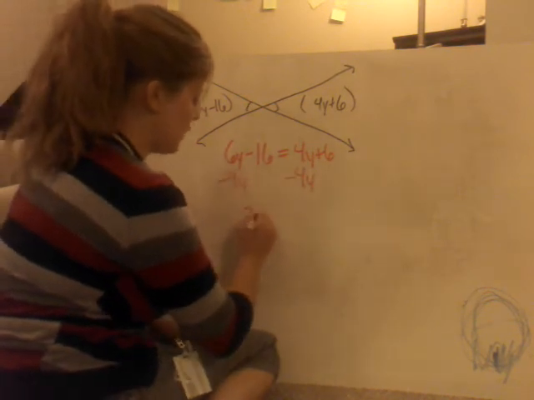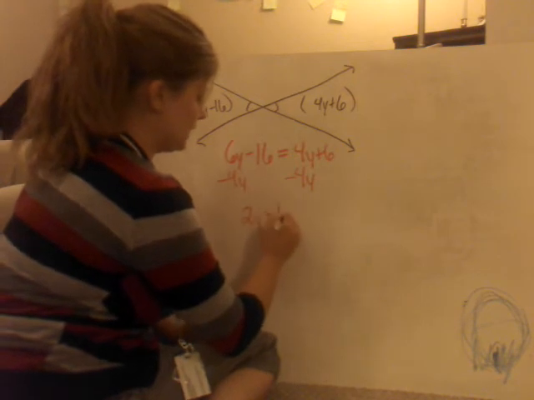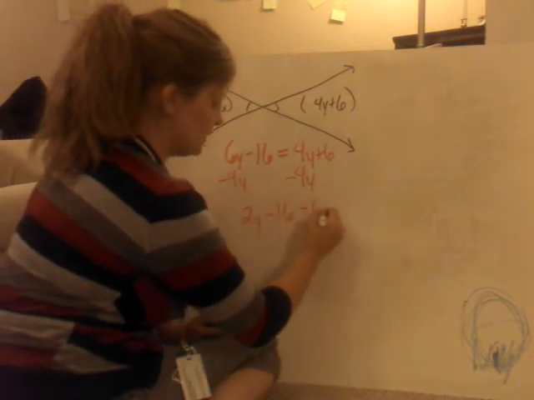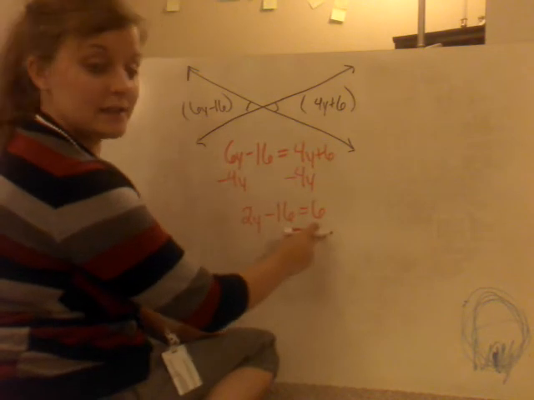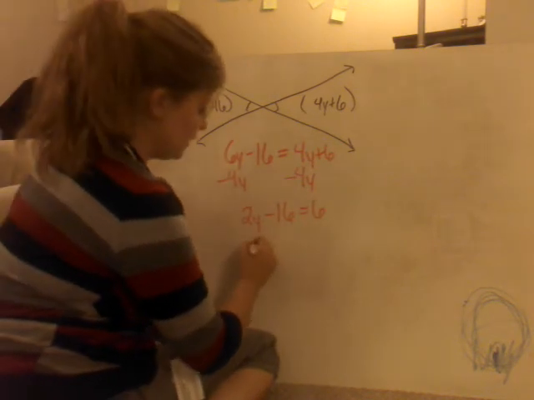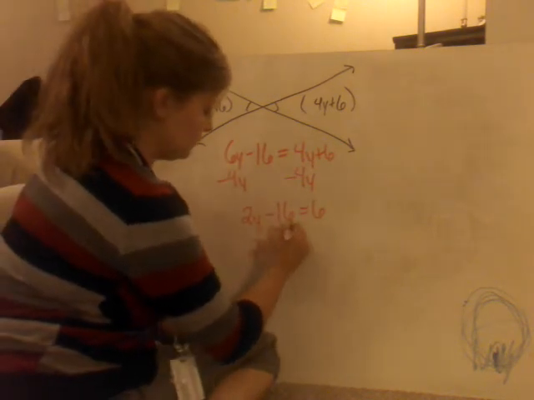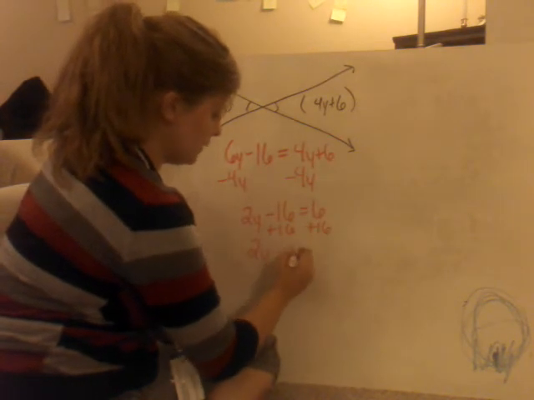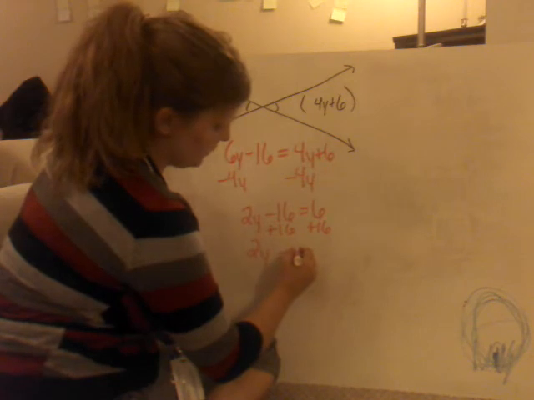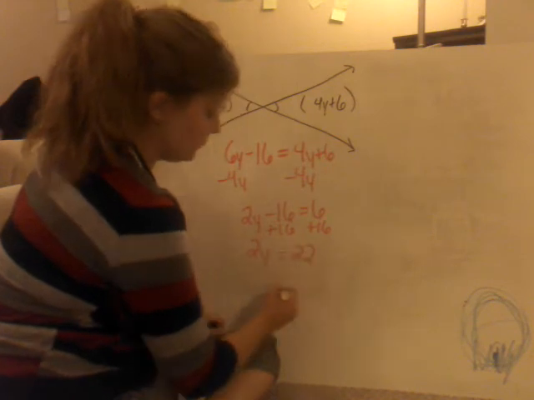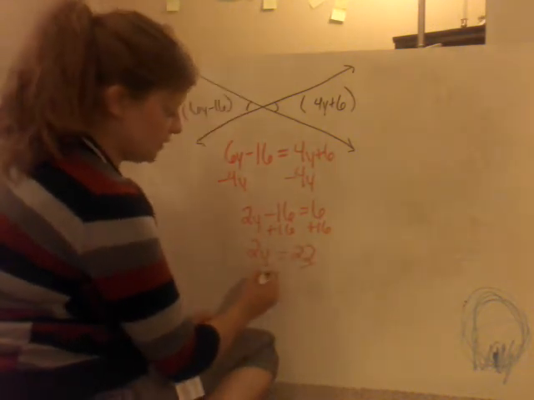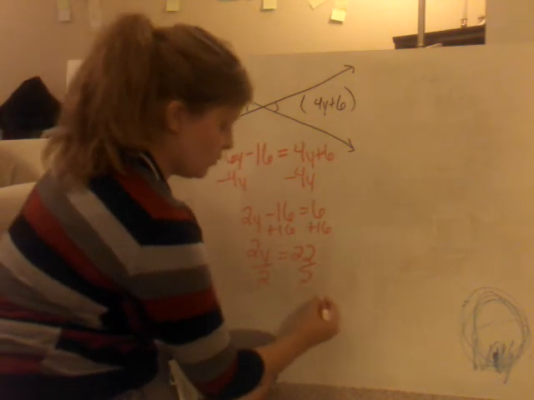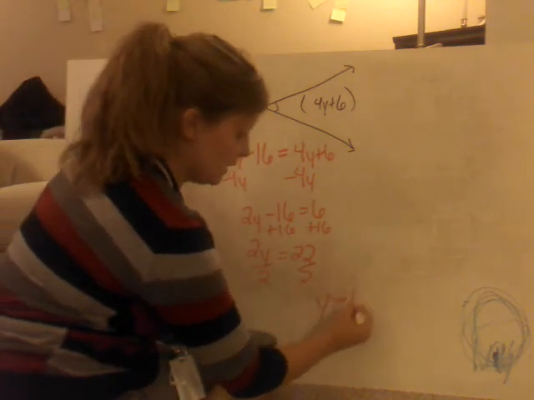Now I have 2y minus 16 equals 6. Now I'll add 16 to both sides. So I have 2y is equal to 22. Divide both sides by 2. y equals 11.